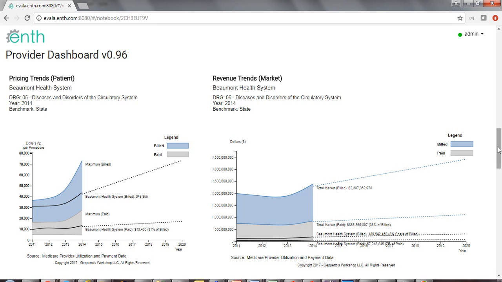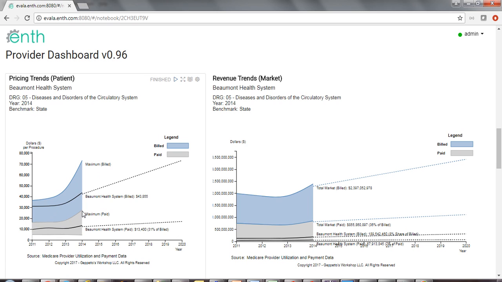So I'll start again with pricing trends per patient. So again, we're looking at per patient numbers here. The top of our blue curve is basically the highest average price that someone billed Medicare. So someone billed Medicare $73,000 was their average price per patient.